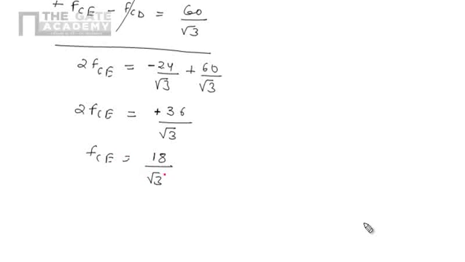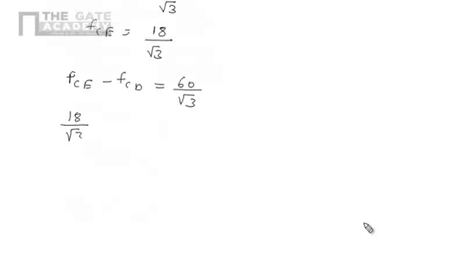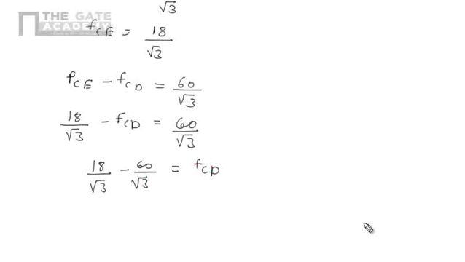The value of FCE will come 18 by root 3. And if we put the value of FCE in this equation, FCE minus FCD equals 60 by root 3, so 18 by root 3 minus 60 by root 3 equals FCD. This one will give minus 42 by root 3. So in this way we can get the value of FCD.